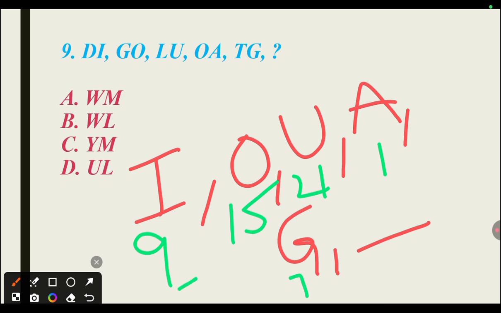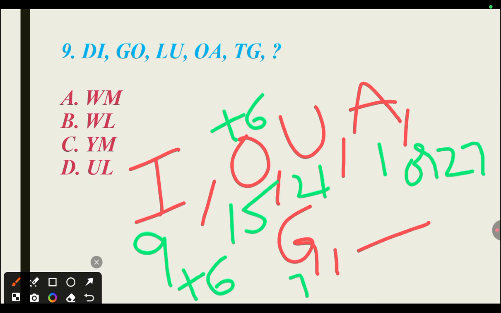9 has become 15 means we have to add plus 6. 15 has become 21 means we have to add plus 6. 21 has become 1, or 27 we can write. I think you know these are all 26, plus 1 you will get 27, because the place value of A is also 1 as well as 27.